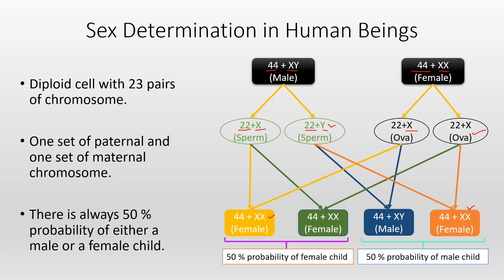In humans, the sex of the child depends on the male partner, as it depends on what kind of sperm fuses with the egg, whether X or Y.